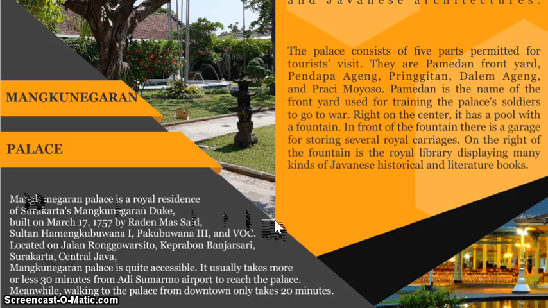What is the role of Mas Said, and then Sultan Hamengkubuwono I, Pakubuwono III, and the VOC in building the palace. Okay, so again, I would break the first sentence into smaller sentences so that the readers find it easy to understand.